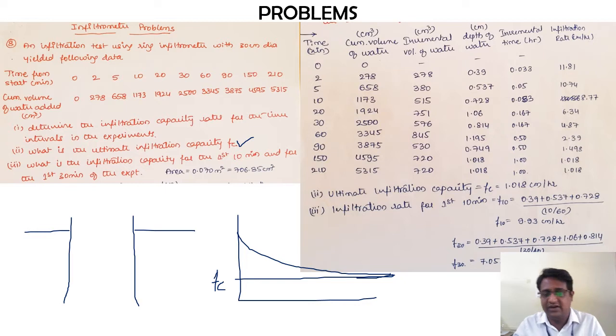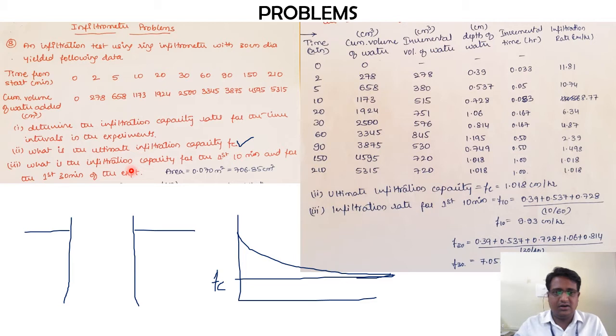The third part is, what is the infiltration capacity for the first 10 minutes and for the first 30 minutes of the experiment. They have asked specifically for the first 10 minutes, including these, and for the first 30 minutes. Only for those they ask for the infiltration capacity.